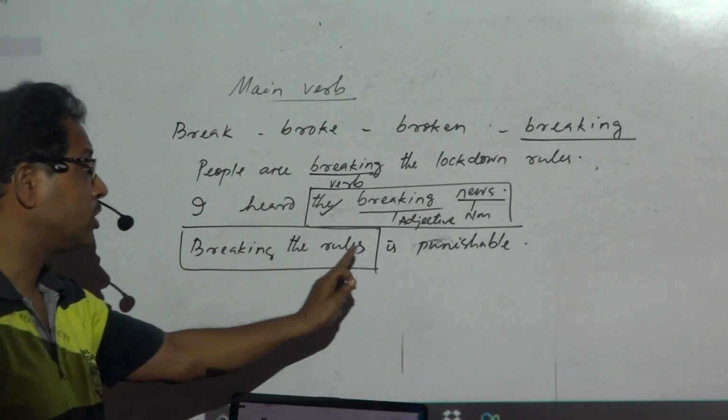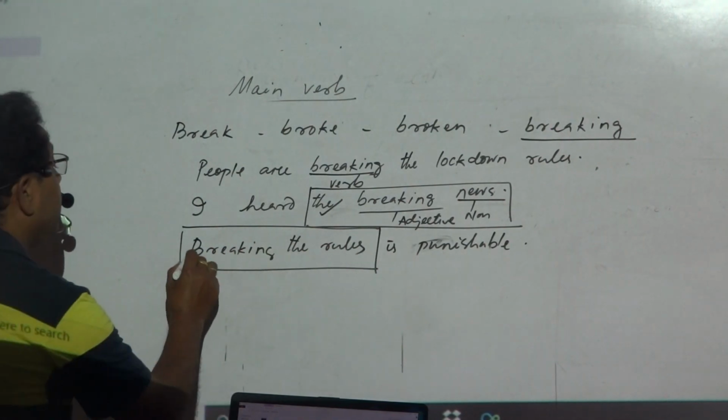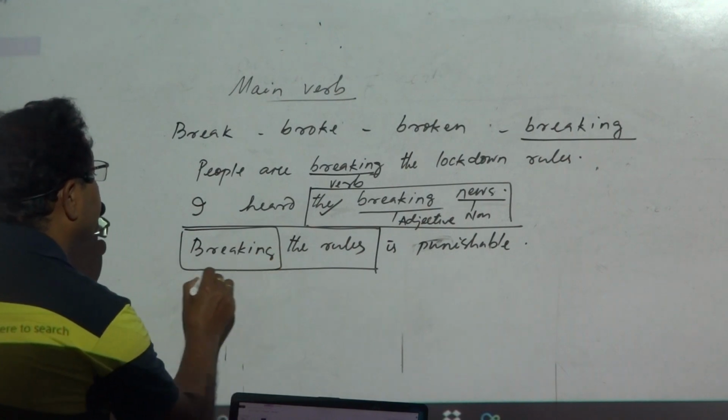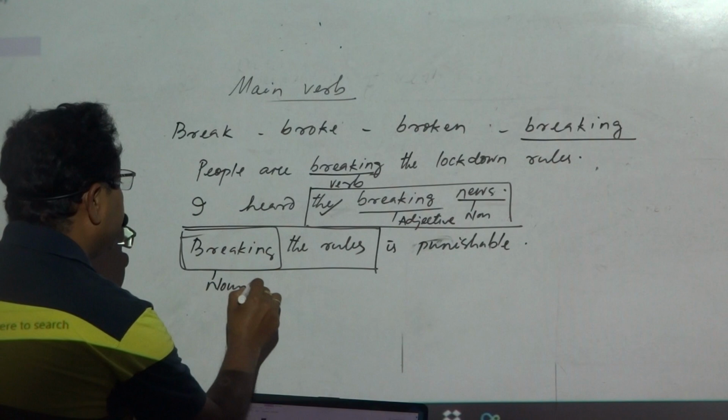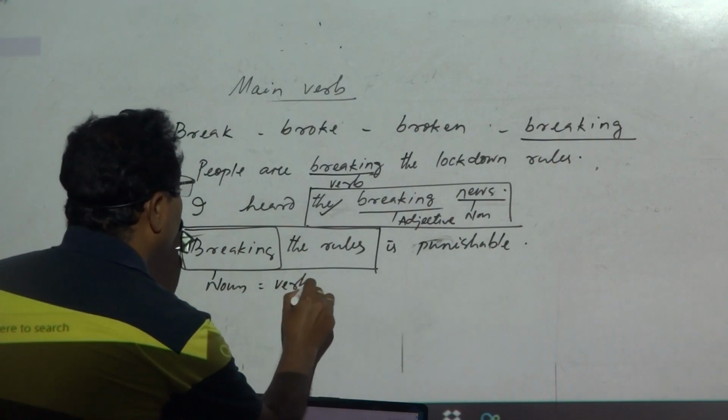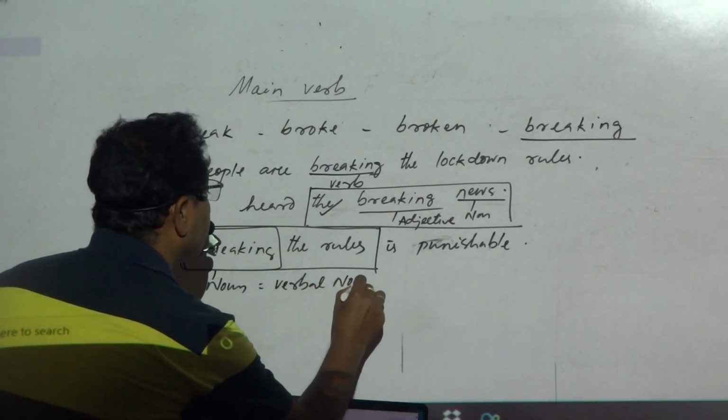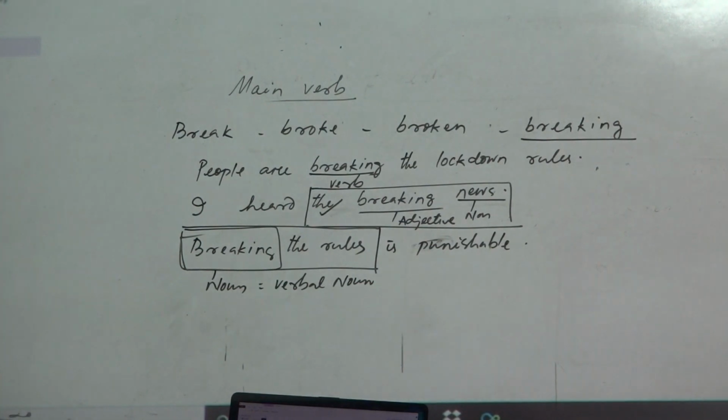And breaking the rules is punishable, and this real subject is breaking. This breaking is a noun, and it is called a verbal noun. Derived from a verb, but used in the sentence as a noun. It is called a verbal noun. Okay?